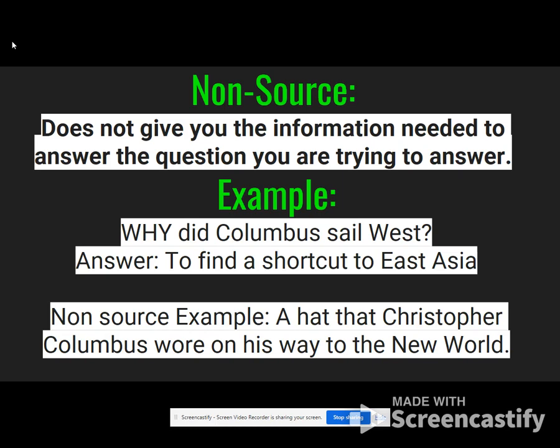A non-source example would be a hat that Christopher Columbus wore on his way to the New World. This is considered a non-source because the hat cannot give you the answer of why he sailed west. Yes, we know he sailed west, but it doesn't answer why. So his hat would be considered a non-source because it does not give you an answer to what you're trying to find.